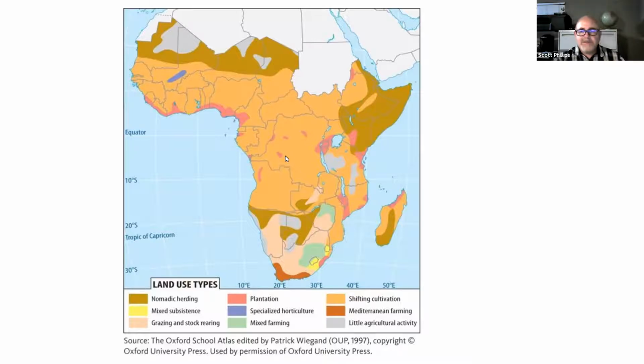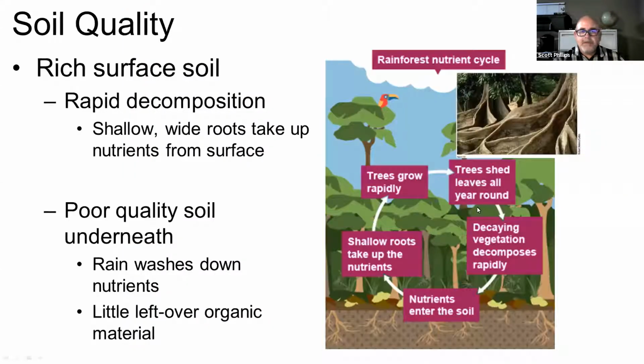And just a note about shifting cultivation, something we discussed in the Amazon basin, I want to go back over that. In tropical environments, especially rainforests, you can have rich surface soil, but poor quality soil underneath, as the rain washes out much of the nutrients, and there's little organic material left over.